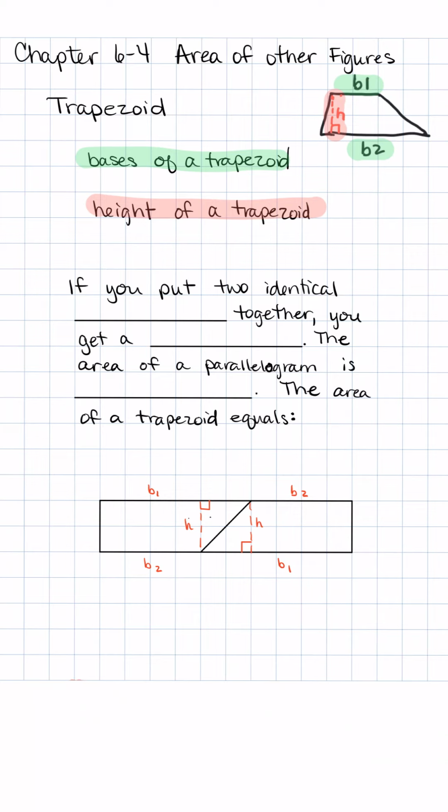So if you put two identical trapezoids together, let's fill that in with a marker instead of a highlighter. Trapezoids together, you get a parallelogram.